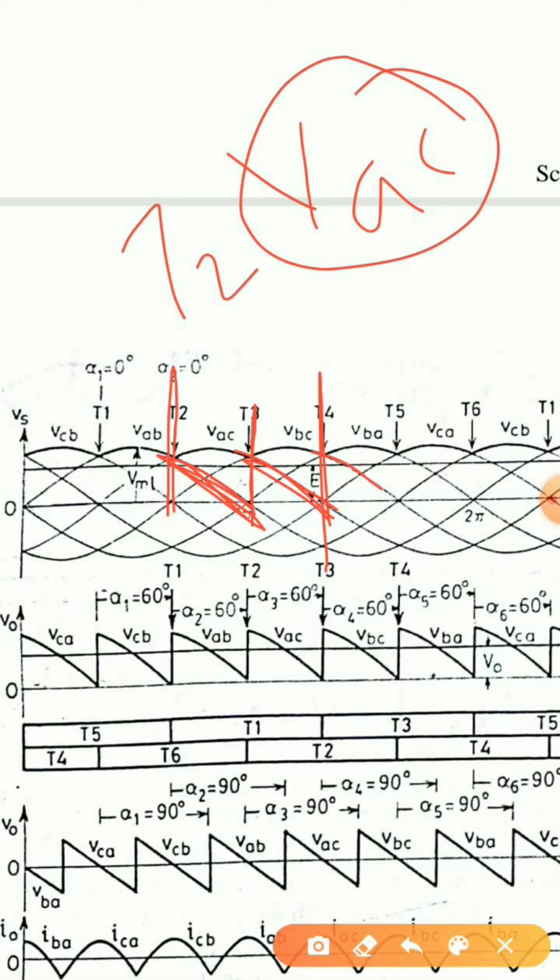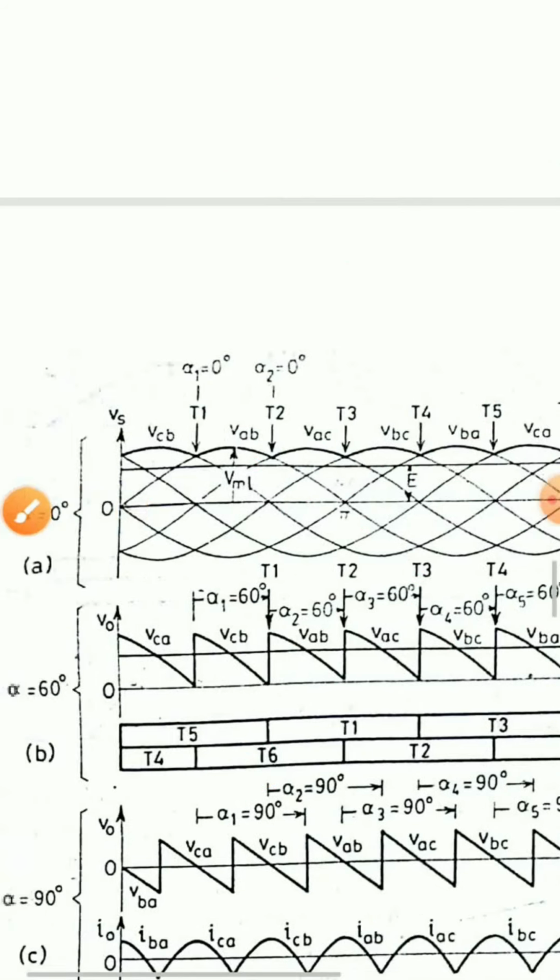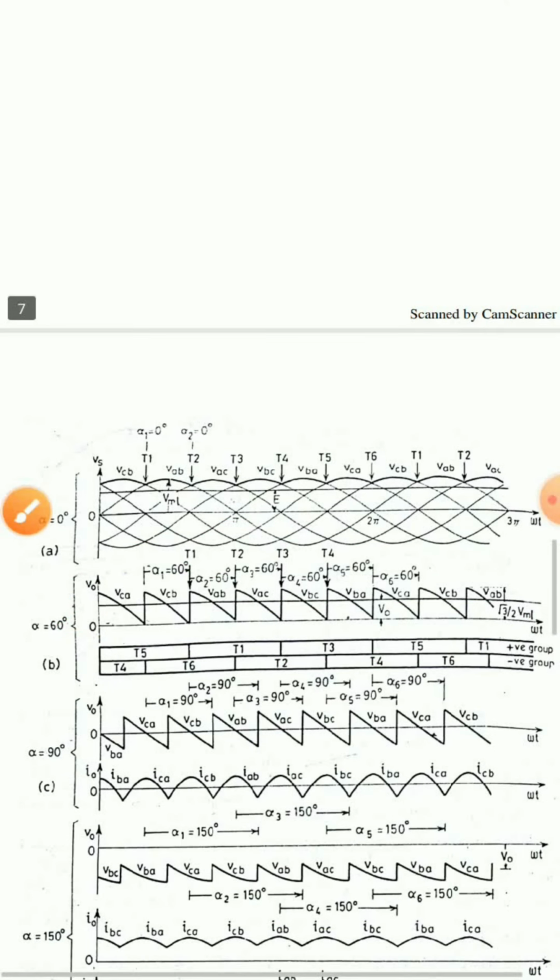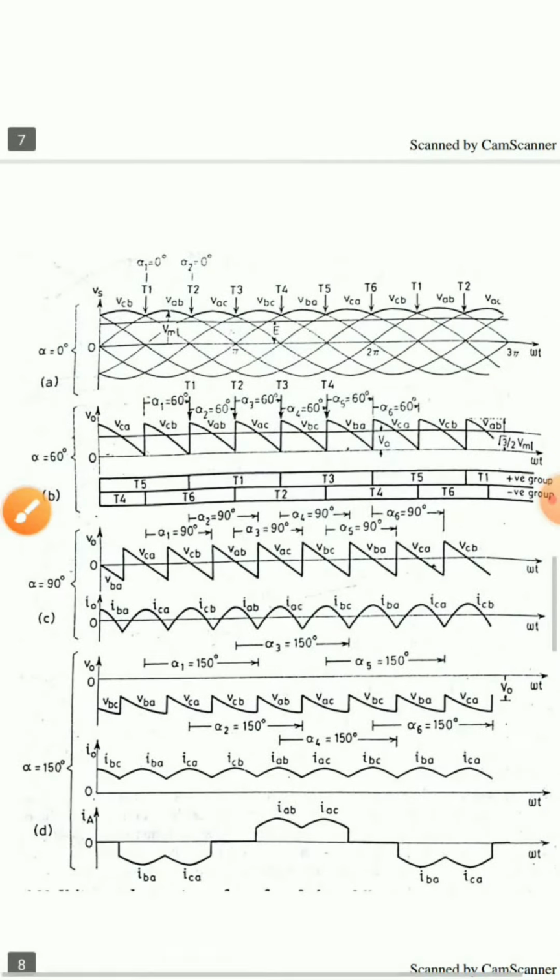Then for T3 VBC I'll be getting. This is the type of waveform that I'll be getting. Up to 0 I have reached, then again in this manner, this is the waveform I'll be getting. So this is the waveform when alpha is equal to 60 degree. I can clearly say that this is my 0 degree, and it is not crossing over to the negative portion when the firing angle is 60 degree.